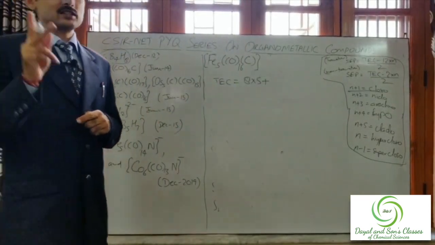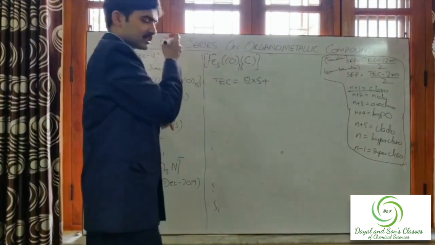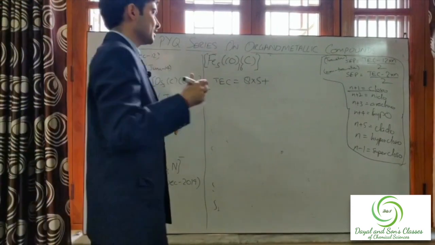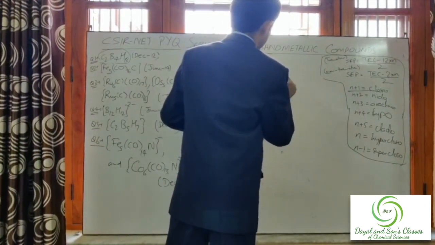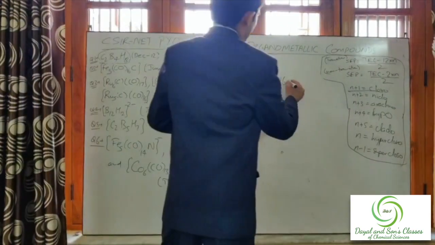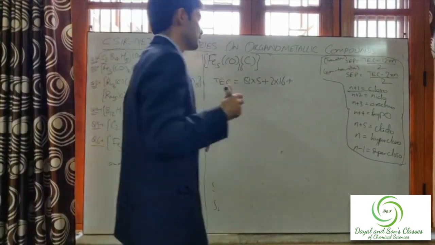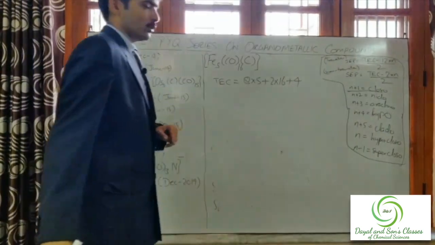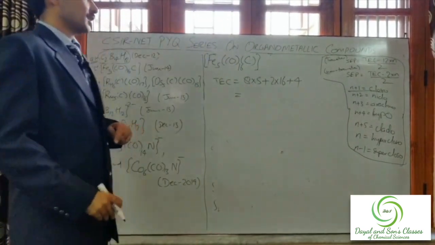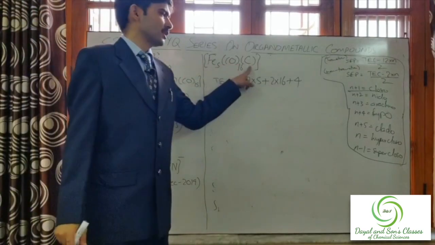Each carbonyl, CO, contributes 2 valence electrons. So we get 2 into 16. There are 16 CO, so we multiply 2 by 16, plus there is 1 carbon, and I have already told you that it will contribute 4 electrons. So we write down here 4. Now here one thing to note: carbon will not form a vertex.